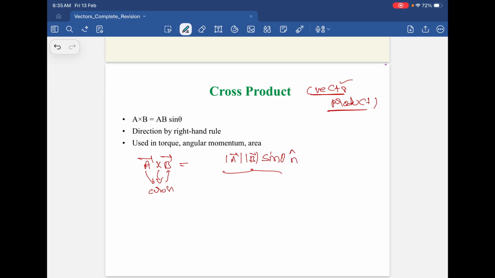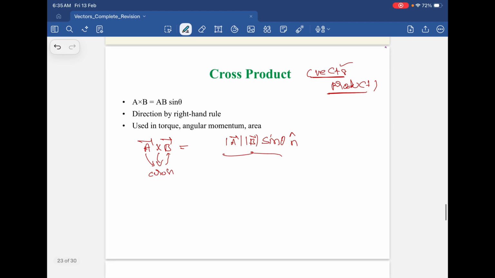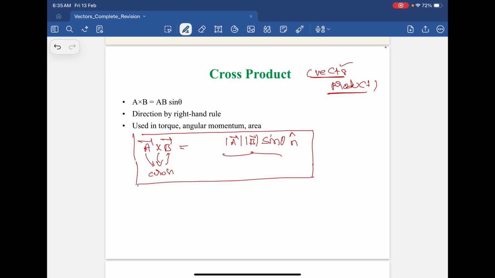So when you have two vectors A bar and B bar, the cross product is defined as A bar cross B bar, and its magnitude is mod A mod B sine theta into n cap. What is n cap? This is a direction. It is the unit vector in the direction of A bar cross B bar.